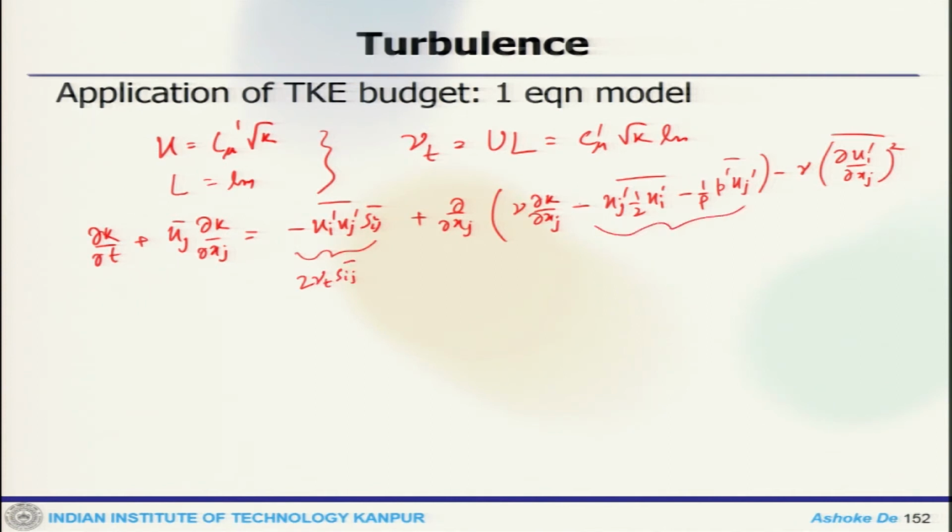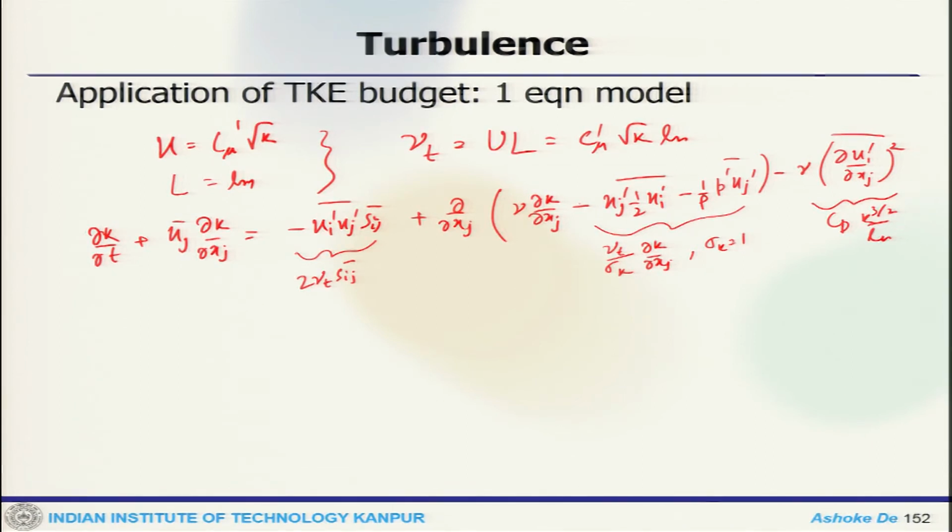The diffusion is estimated as nu t by sigma k del k by del xj, with sigma k equal to 1, and the dissipation is CD k to the power 3 by 2 over Lm.